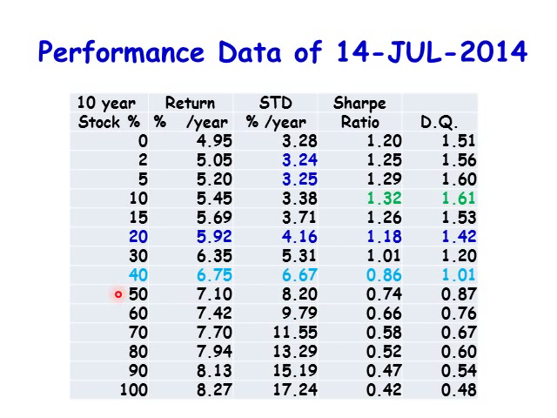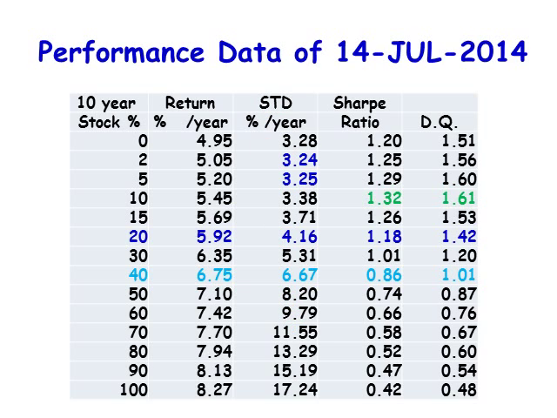And 50-50 will get you 7.10% per year return and 8.20% per year standard deviation. Even with 50-50, your money could have doubled in 10 years, and farther out you can still double plus, and standard deviation goes up. So you have to figure out from this table where you want to operate, what standard deviation level you are comfortable with.